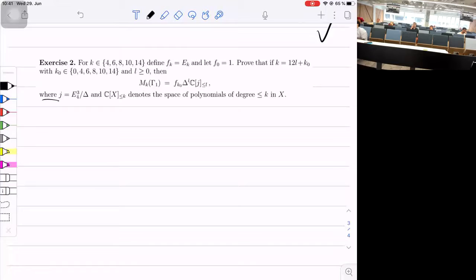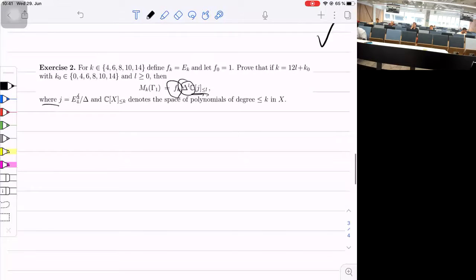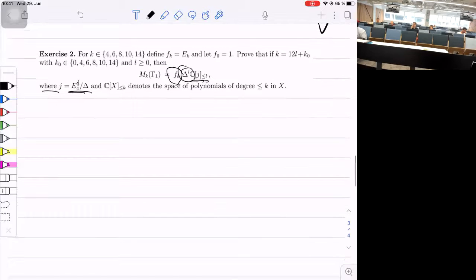With this, we're supposed to do a different way of representing modular forms of weight k in terms of Eisenstein series. It's going to be defined for E4 or E6, some power of the discriminant, and then some polynomial in the j invariant, defined down there.